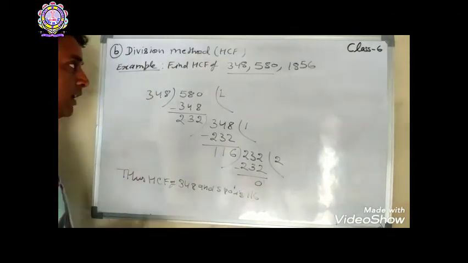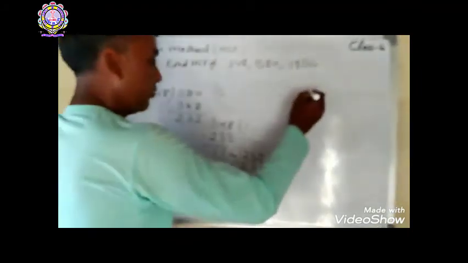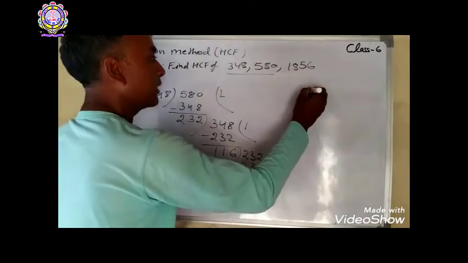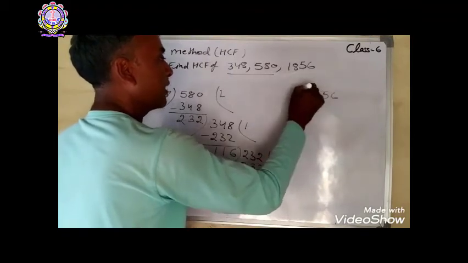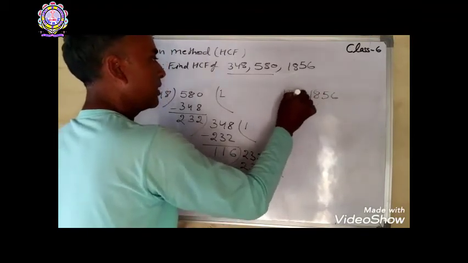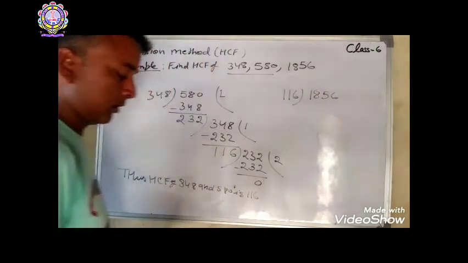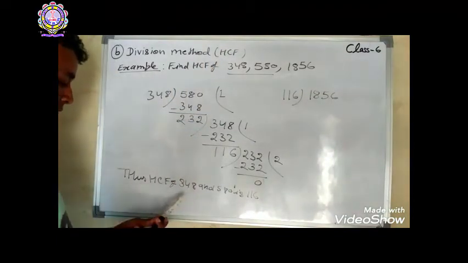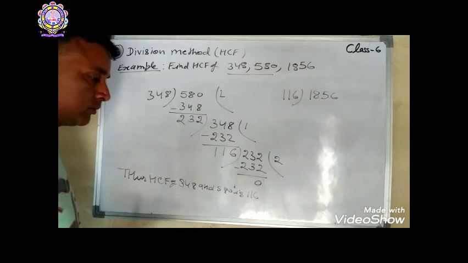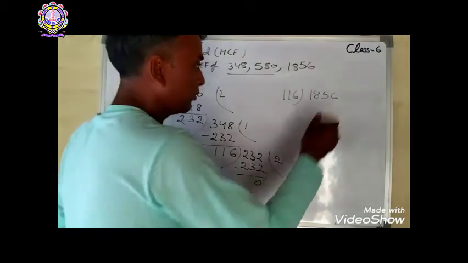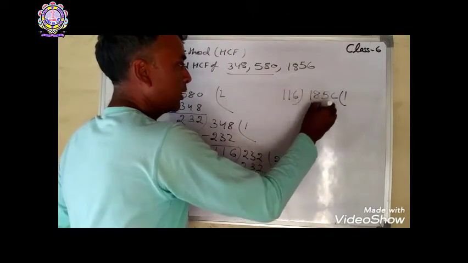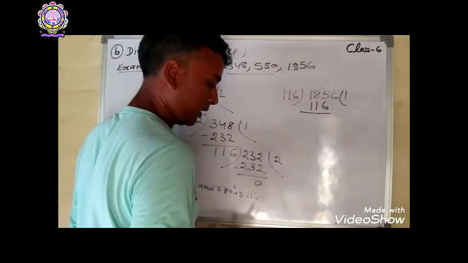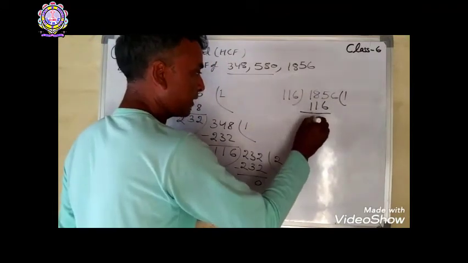Further, we find the HCF of 116 and 1856. 1856 divided by 116. So it comes one time 116 and then subtract, you get 696.